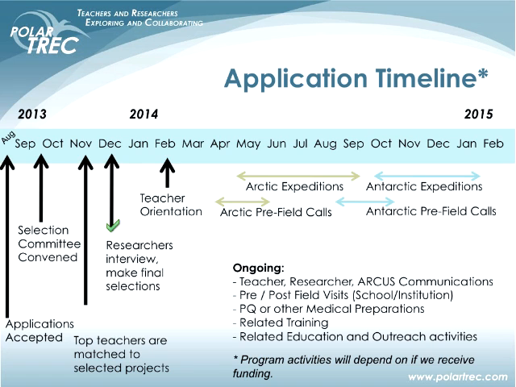We send a set of applications to the researchers. They tell us who they want to interview, and then they do interviews and make their final selections. So this whole piece, which we'll go into in a little more depth in a moment, happens between now and December. So Sarah and I are quite busy.